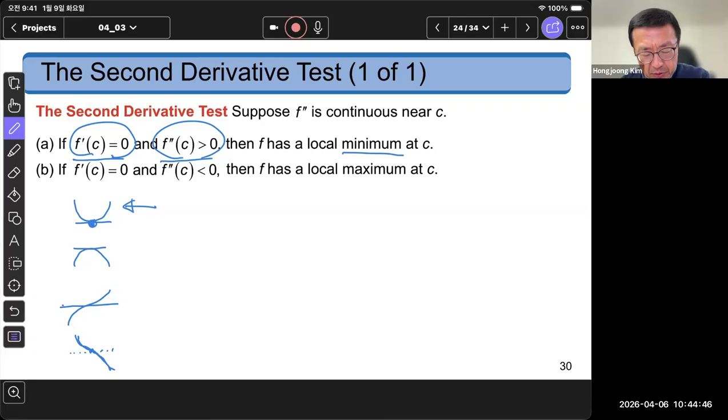If f prime of C is 0 and f double prime of C is negative, then that means your function is concave downward. Then the shape will be that of negative x squared, like this. So your function will have a local maximum there.